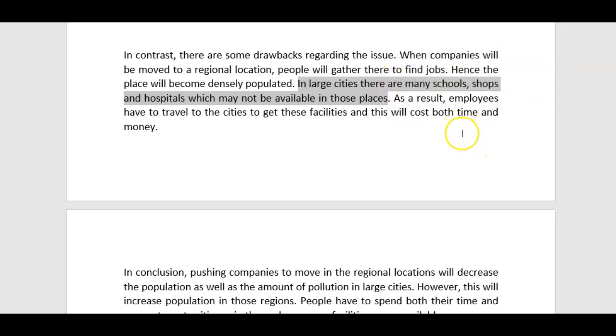So I would have said this: hence, the place will become densely populated without the appropriate infrastructure, causing people to travel to the cities to obtain these services. Okay? This will result in lost time and money. So something like that. That's one way you could have done it.